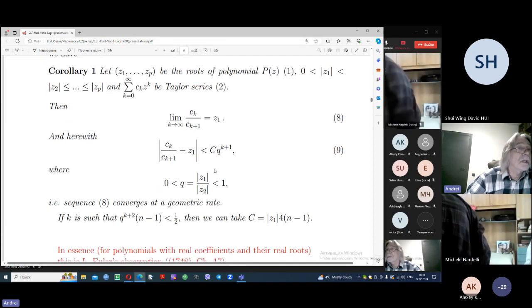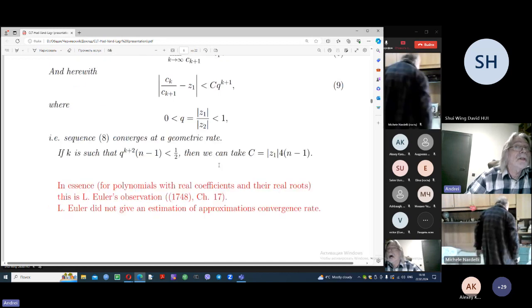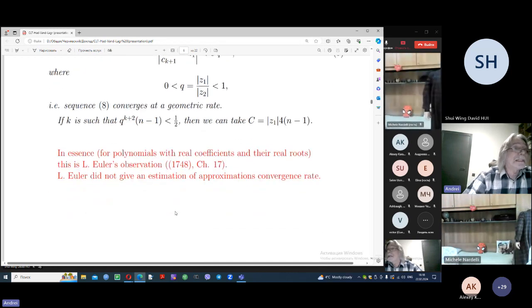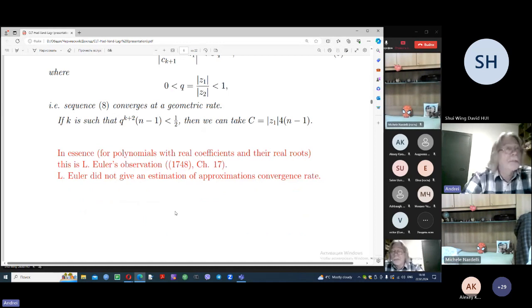Then the constant can be calculated, and in fact, in essence, this is Euler's observation. So it was just Euler's observation. I recall it.